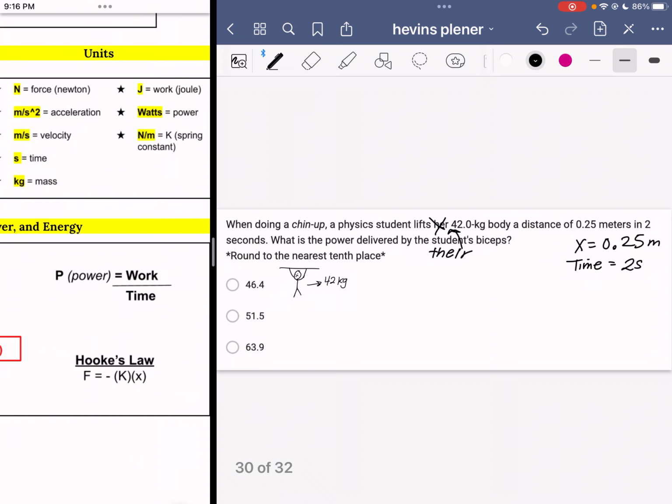So we're looking for power. Power equals work over time. We have time. We don't have work. So we need to find work.